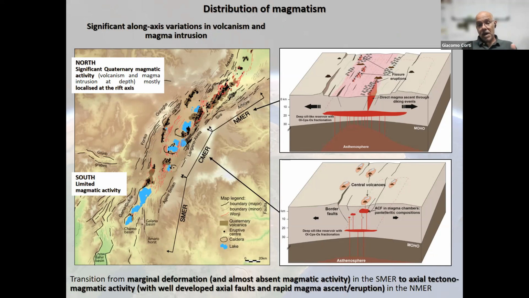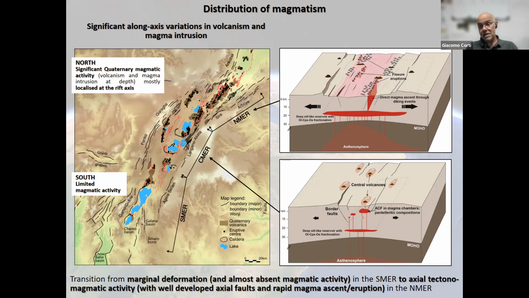So to summarize, we have a transition from marginal deformation and almost absent volcanic or magmatic activity in the south to axial tectonomagmatic activity with abandonment of marginal deformation in the northern Ethiopian rift, which is associated with well-developed axial faults and rapid magma ascent and eruption from lower crustal depth to the surface.